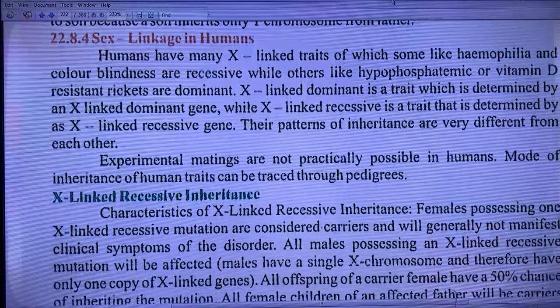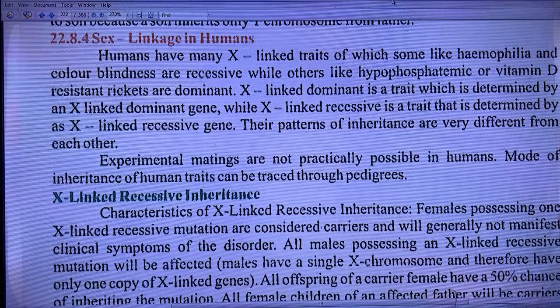Sex linkage in humans. Humans have many X-linked traits, of which some, like hemophilia and color blindness, are recessive, while others, like hypophosphatemic or vitamin D resistant rickets, are dominant.